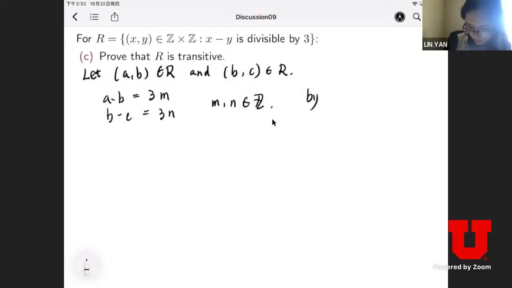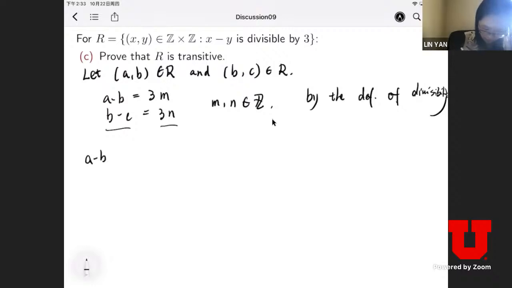This is by the definition of divisibility. And if we add both sides of these equations, we can cancel the b.